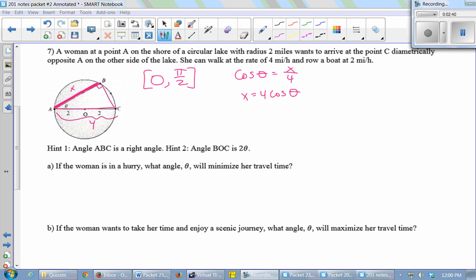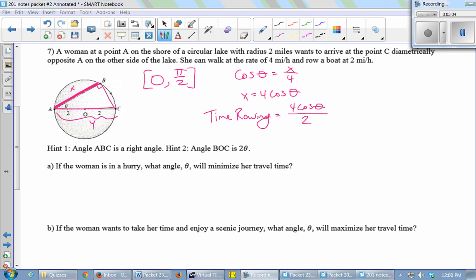And if she can row at 2 miles per hour, then we take that 4 cosine theta and divide by 2 to get time. So time rowing is the distance she rows divided by her speed rowing, 2 miles per hour.